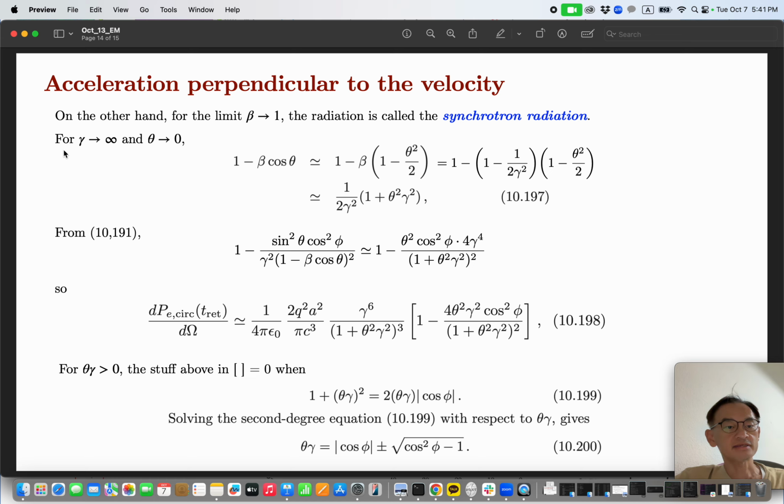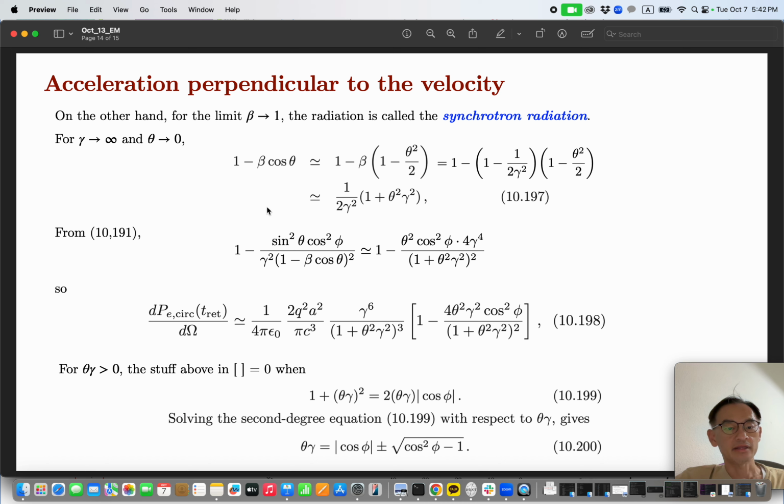So in this case, gamma goes to infinity, and let's think about when theta goes to 0, because theta is forward. And then 1 minus beta cosine theta, you can have the following approximation to have this simple formula.